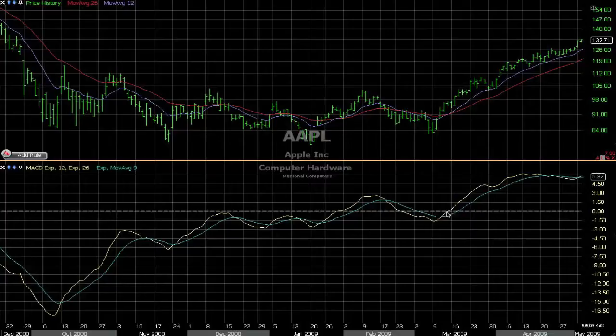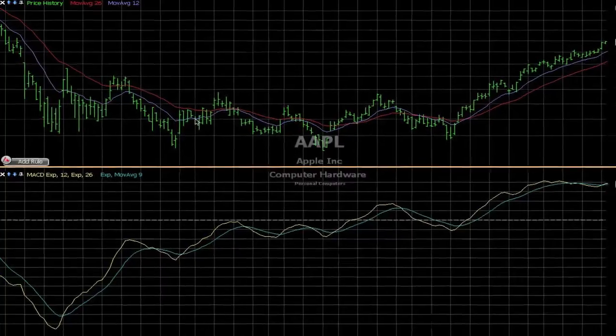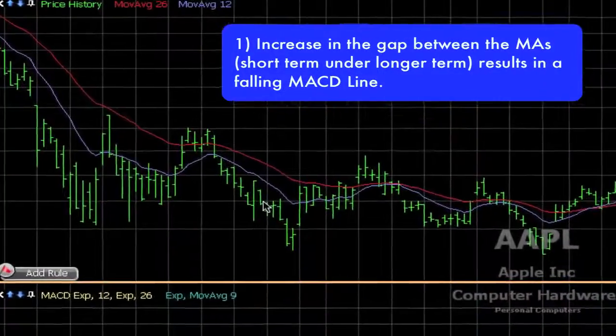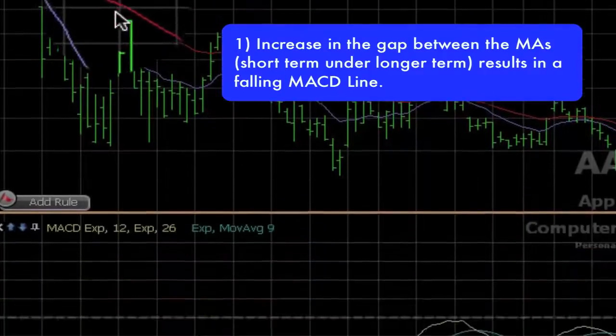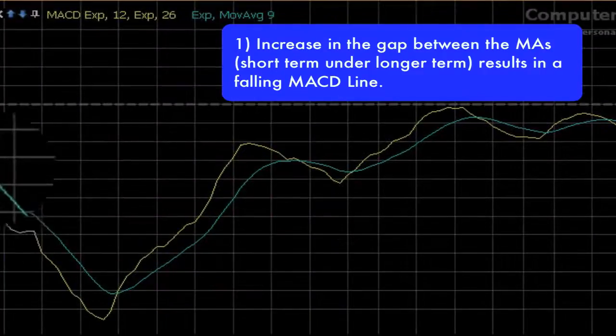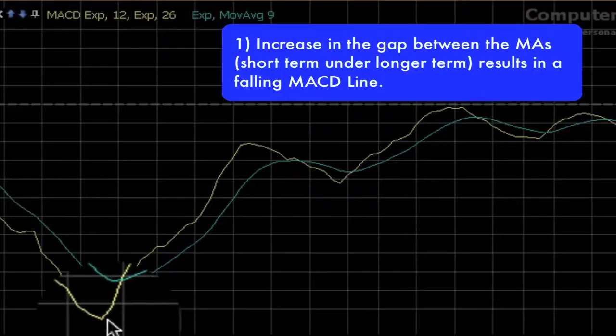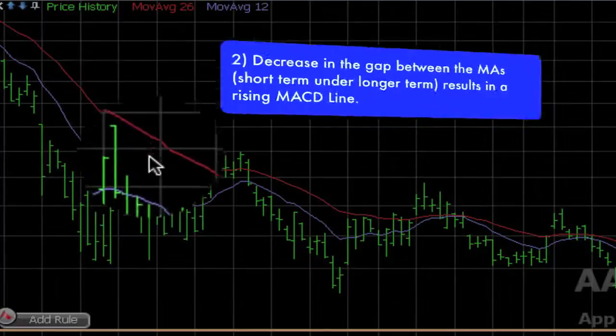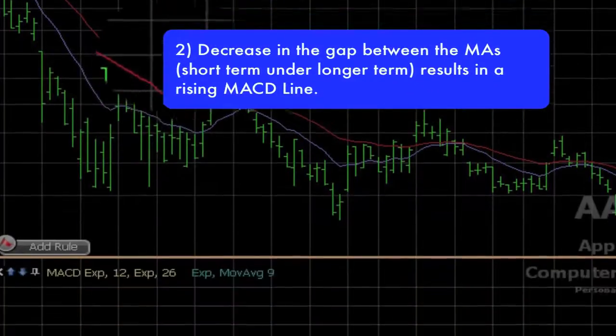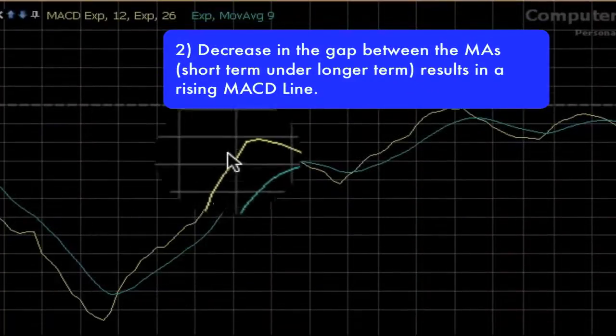I have plotted two corresponding MAs here to show you what the MACD tells us. Normally the two MAs will not be plotted on your charts when you plot MACD on. First, when the gap between the two MAs is increasing, the MACD line will drop. Second, when the gap between the two MAs is decreasing, the MACD line will rise.